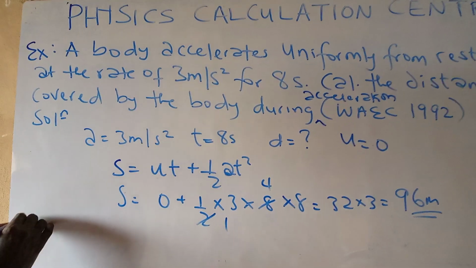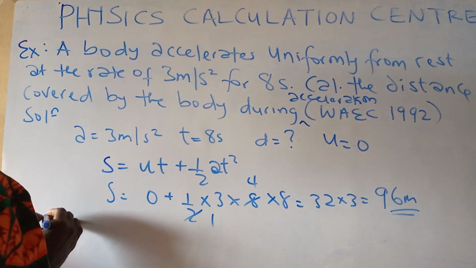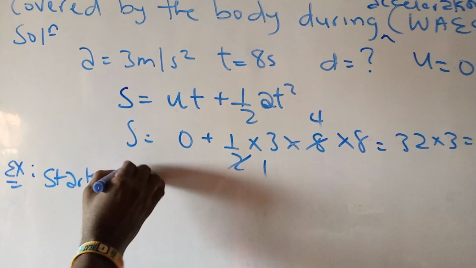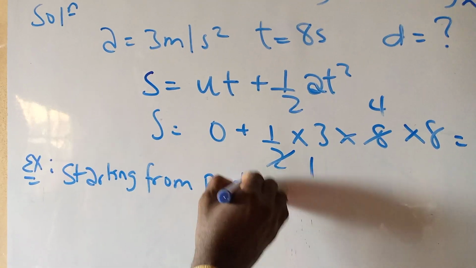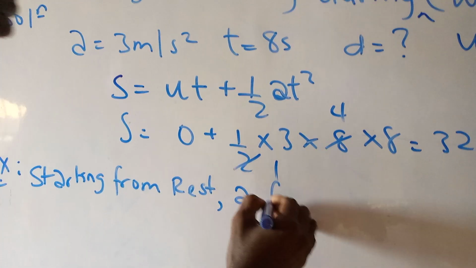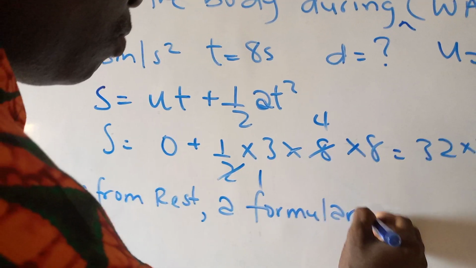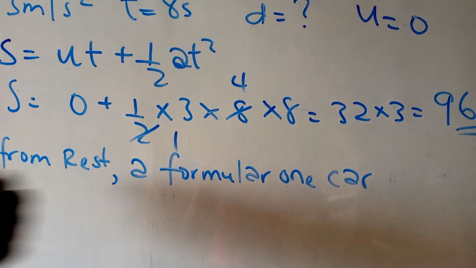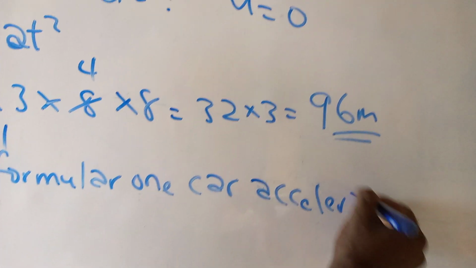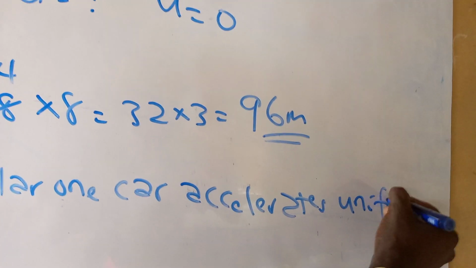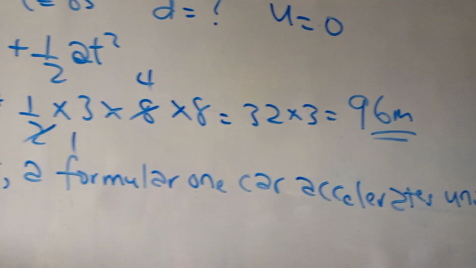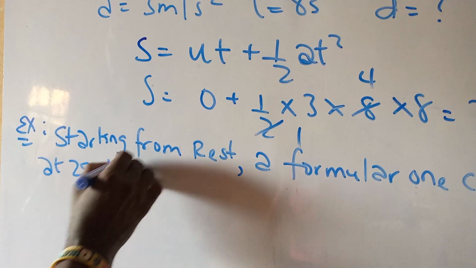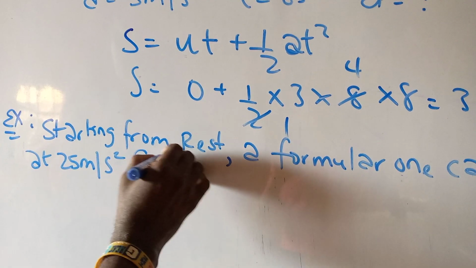Okay, another example quickly. Starting from rest, a Formula 1 car accelerates uniformly at 25 meters per second square for 30 seconds.